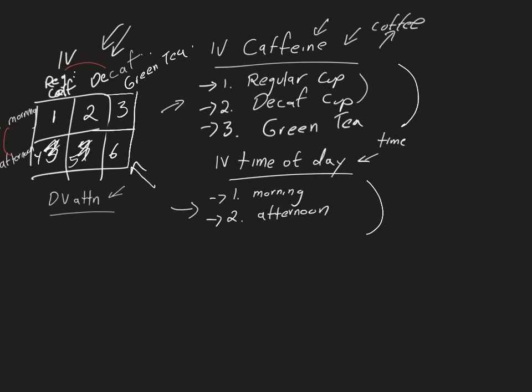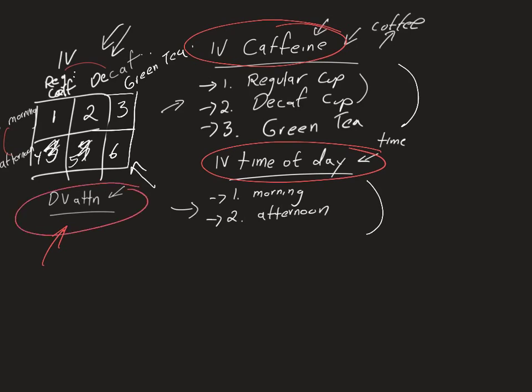These are conditions. These are the independent variables. And this is my DV, attention. Keep in mind, I haven't talked about the DV since I started this. I haven't described what the DV is. You can figure out the levels, you can figure out the IVs, and you can figure out the conditions without knowing what a DV is.